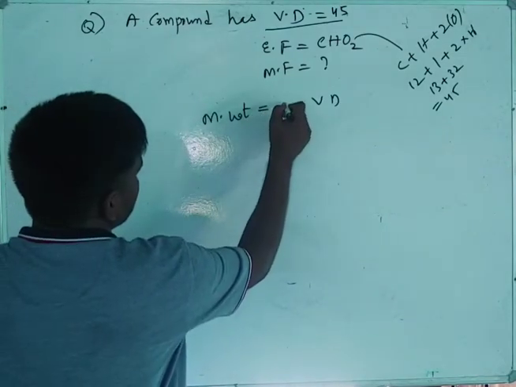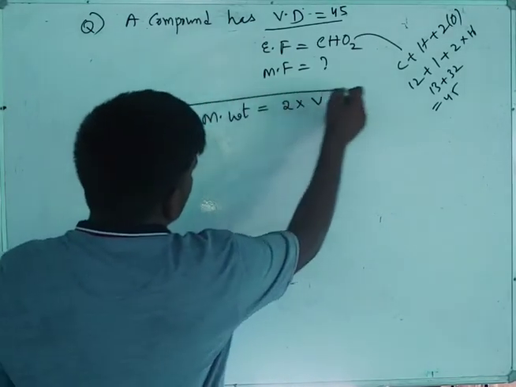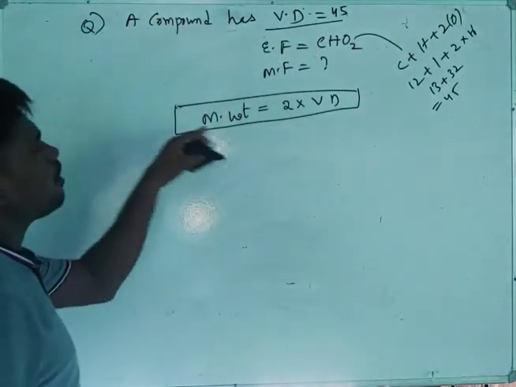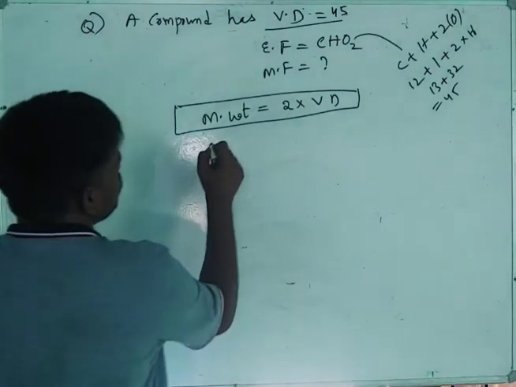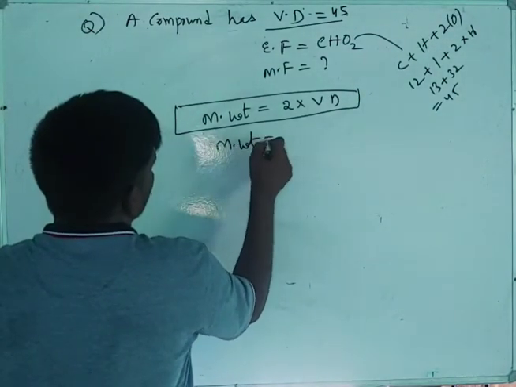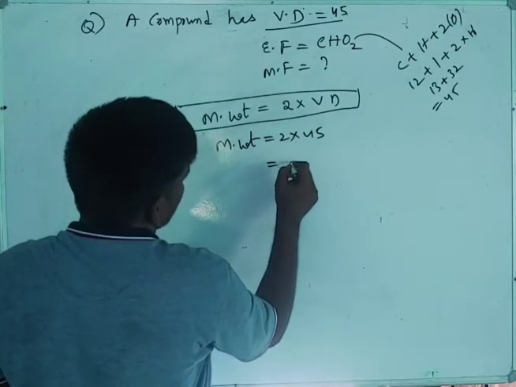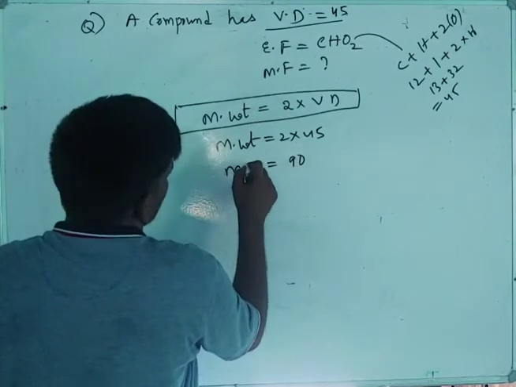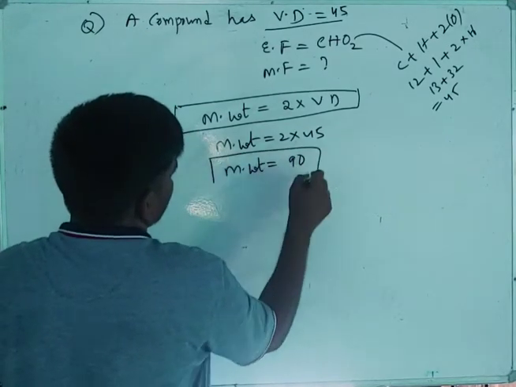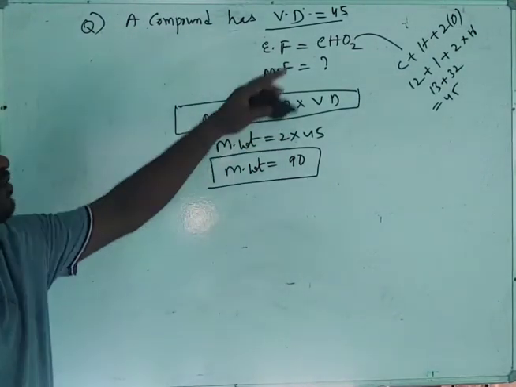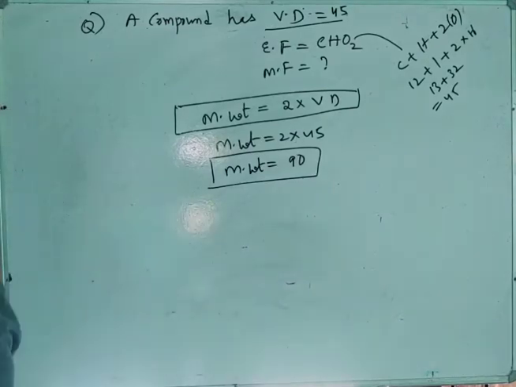Molecular weight is equal to 2 into vapor density. By using this formula you can find the molecular weight of the compound from its vapor density. So molecular weight of the given compound equals 2 into vapor density, 2 into 45, which is equal to 90. So now molecular weight is 90. In the first problem we had taken molecular weight 90 and the same formula. So by following the first process we can get the molecular formula of the compound.